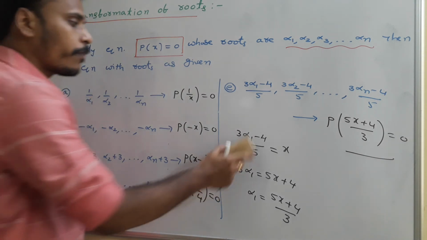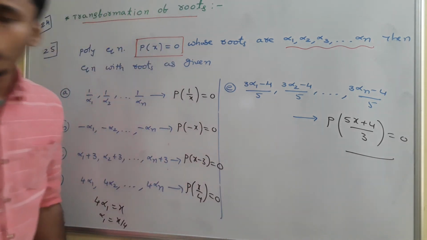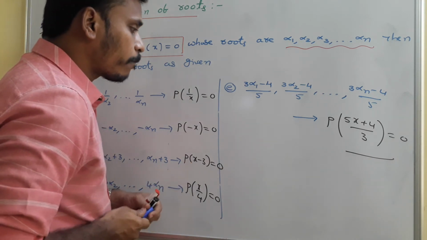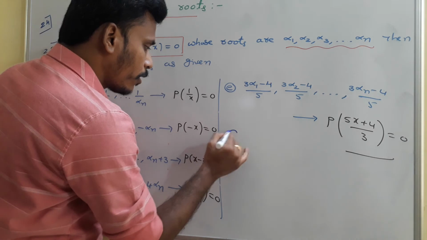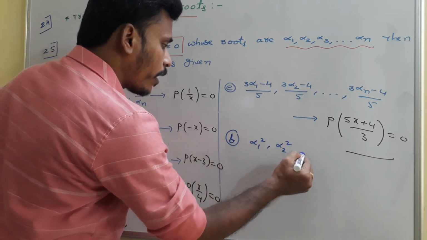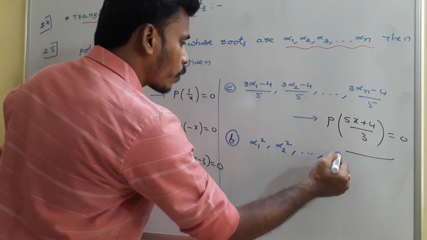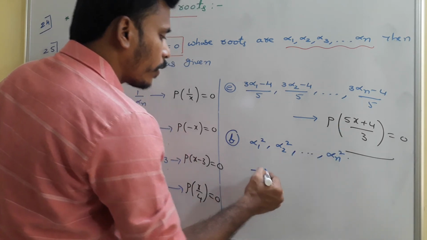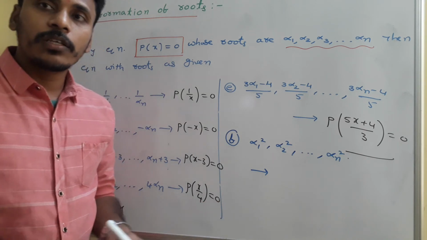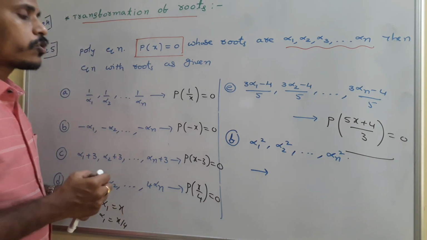That's it. And suppose I need an equation whose roots are alpha 1 square, alpha 2 square and so on alpha n square. What is the required equation? Again the same thing, right? Alpha 1 square equals x and alpha 1 equals root x.